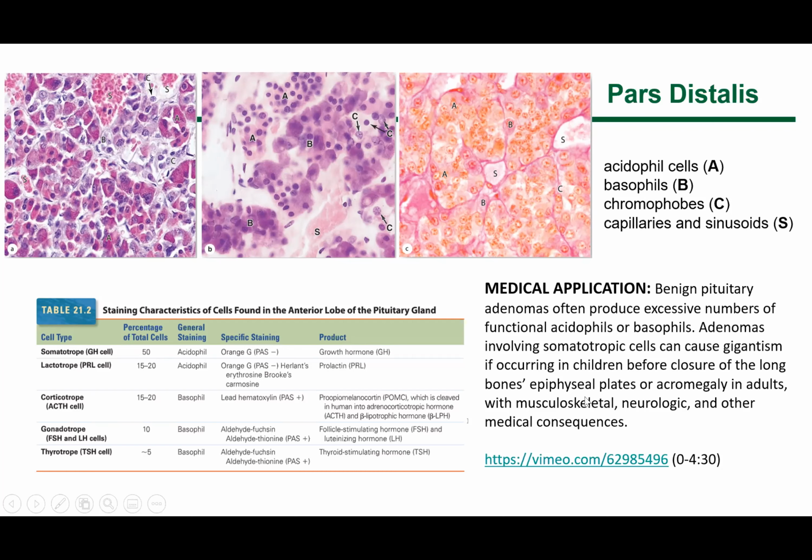One thing that happens with benign pituitary adenomas is that it can cause gigantism if it occurs in children before the closing of the epiphyseal plates. So there's too many cells that secrete growth hormone, and so the kids get really big really quickly.